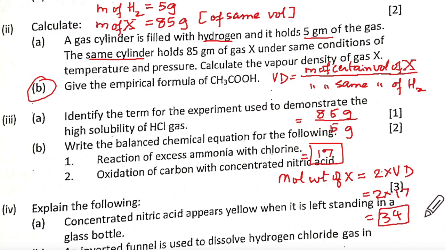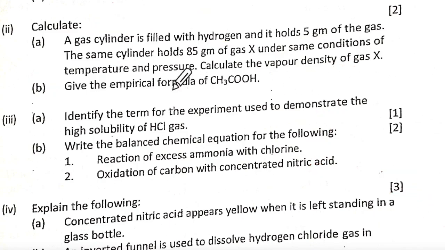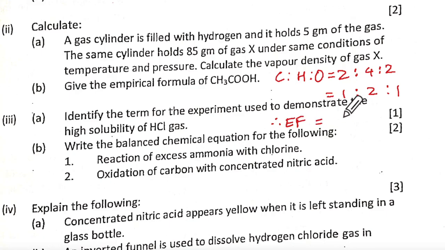No need to write AMU over there, okay? Give the empirical formula, you can do this. C is to H is to O. There are 2 C's. How many H's do you see? 4. And how many O's? 2. Correct. So this will be 2 is to 4 is to 2, which is 1 is to 2 is to 1. Therefore, empirical formula is CH2O.